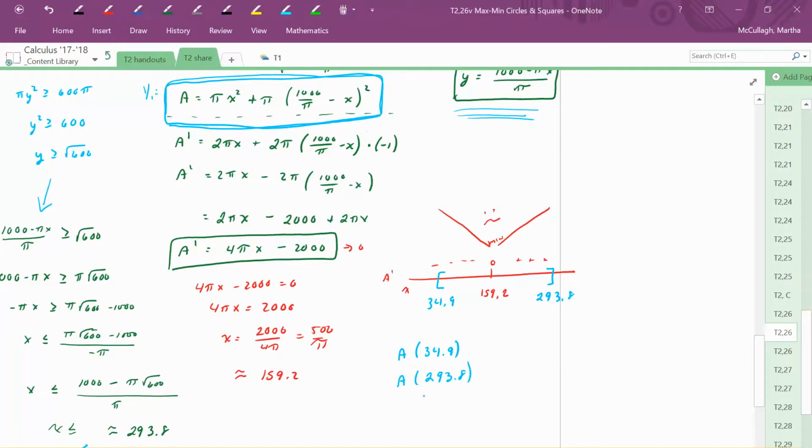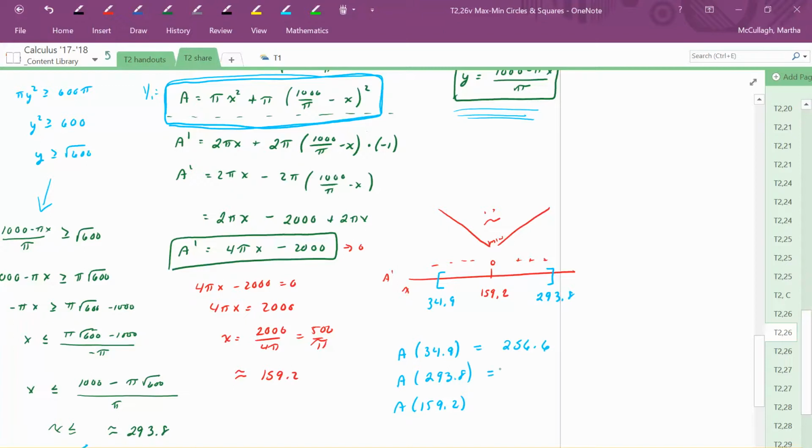And if I wanted to, I can evaluate A at 159.2, which I know is going to be the minimum. But I find that the A at 34.9 is 256,614.